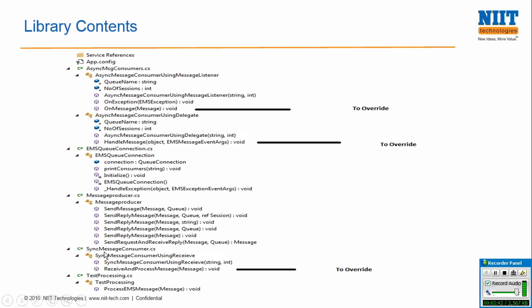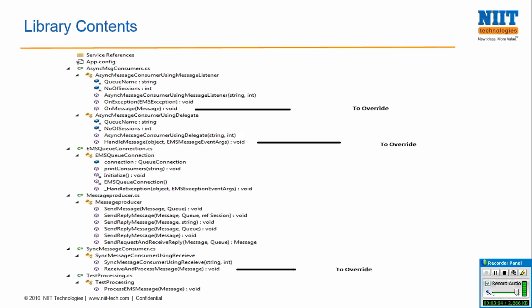And then there is one very important synchronous message consumer, which has its own method which the developer would need to override. So the key characteristic of these three consumers is that they provide concurrent processing, even the synchronous one.